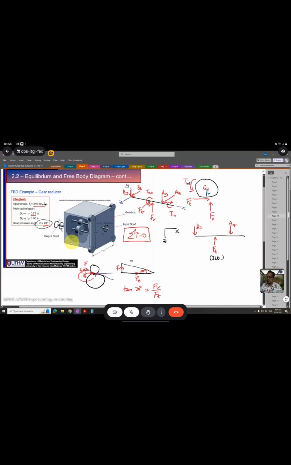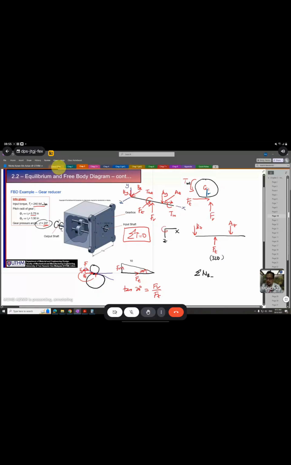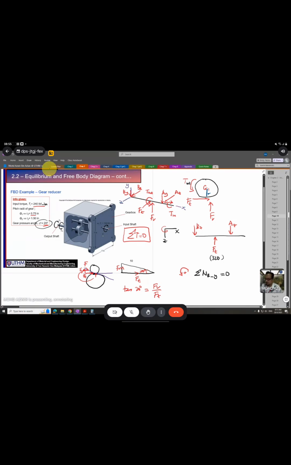Then the same technique. If you want to calculate Bz and Az, you need to calculate the moment first. So the total moment acting at point B, rotating in this direction. Which axis is this direction actually? X, Z, Y. So My is equal to 0.